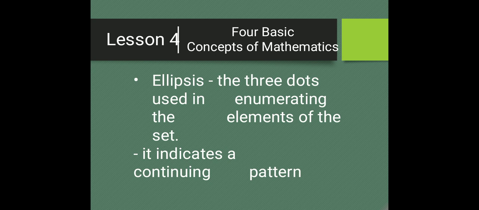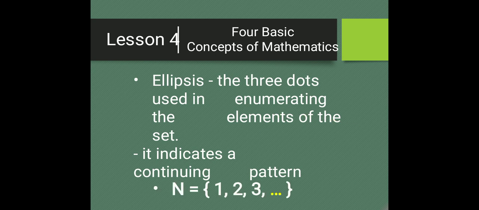Okay, ito yung 3 dots used in enumerating the elements of the set. It indicates a continuing pattern. So, napaka-familiar natin dito kapag may story na hanging yung ending, nilalagyan ng 3 tuldok na ibig sabihin, magko-continue pa ang story na iyon. Okay.